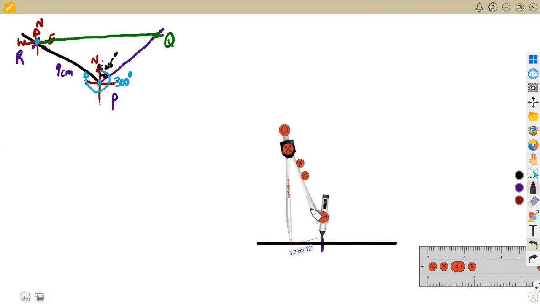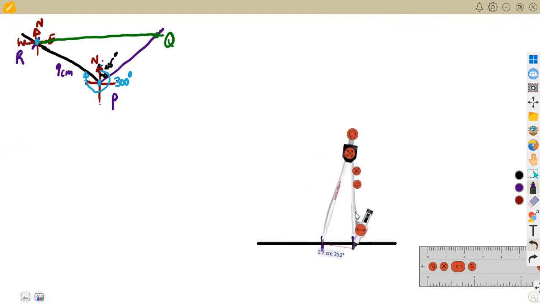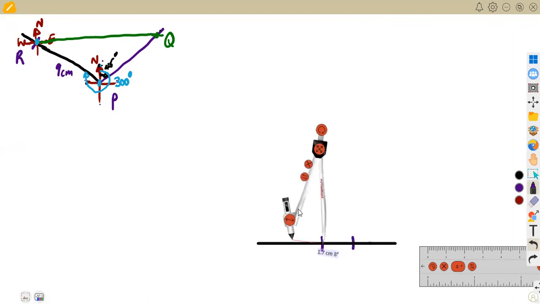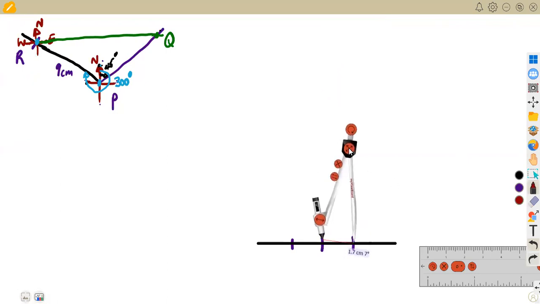With this point, we are now going to mark 2 points on the line, this side and another one this side. These are the most important points that we are going to work with, to construct our 90 degrees. So open more than half at this point of the line.